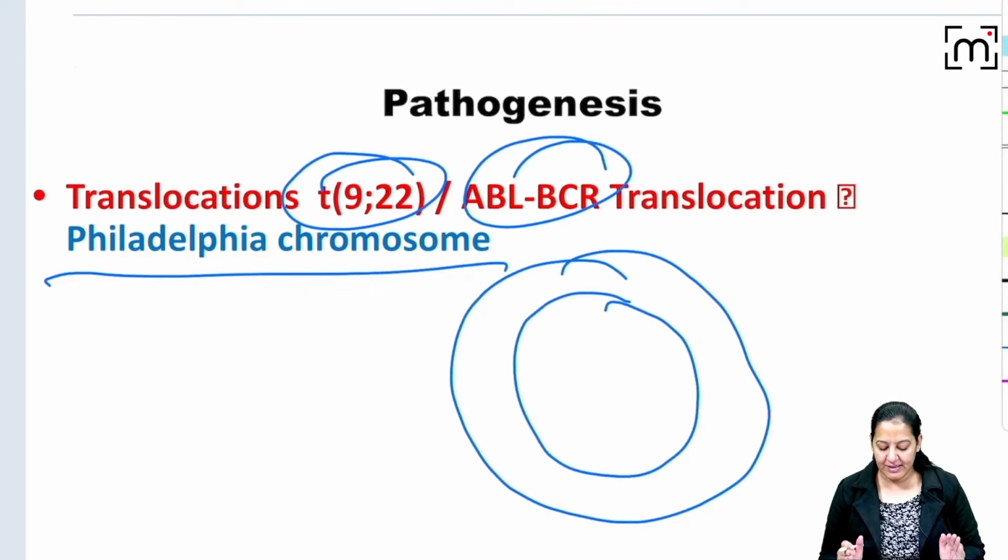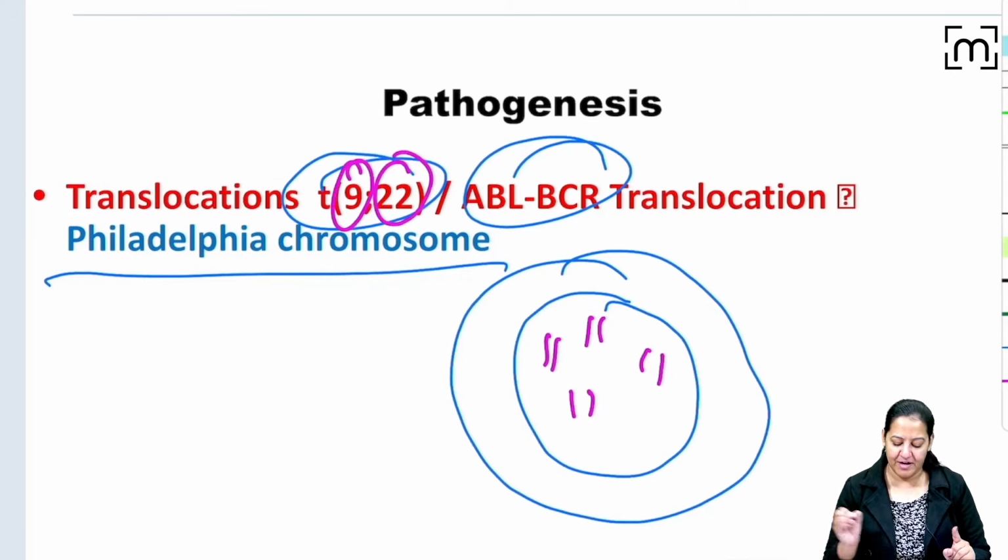These are the WBC precursors, just suppose, the hematopoietic stem cell and the precursors of the WBC. Inside the nucleus, the DNA is present. In the nucleus, 46 chromosomes are present. You can say either 46 chromosomes or 23 pairs. This is pair number 1, pair number 2, pair number 3, pair number 4, likewise till 23 pairs. I am interested in pair number 9 and pair number 22.